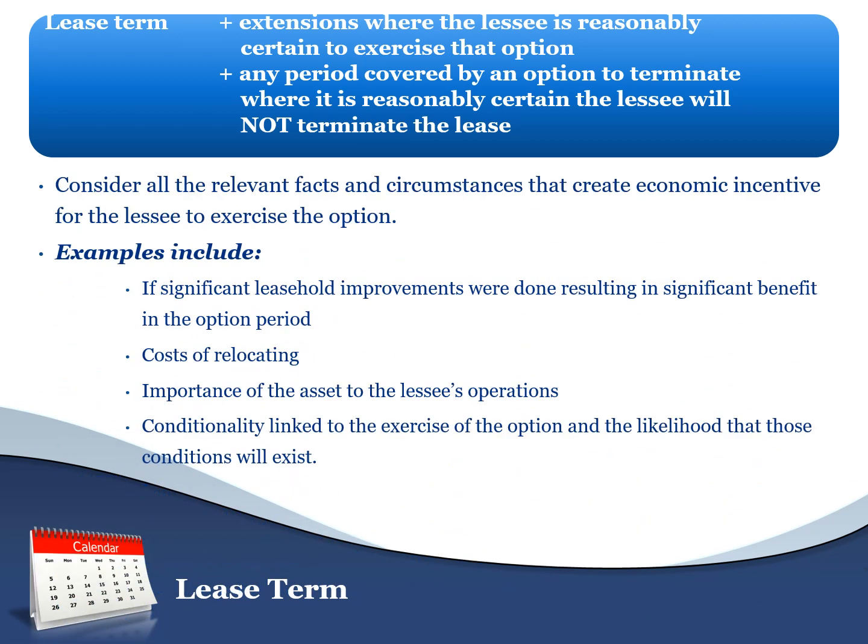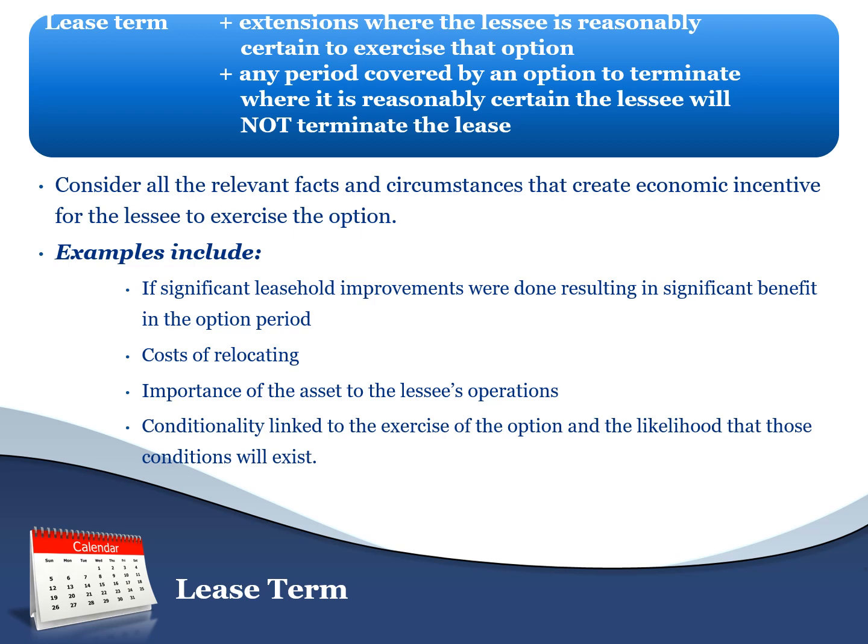The next two then talk to, well, what if there are options to extend or cancel? And it talks about including in the lease term, firstly, any extensions where it's reasonably certain that these will be exercised. And secondly, any period covered by an option to terminate where it's reasonably certain that this will not be terminated. Now, these two things are in essence the same thing. It says you need to consider all the relevant facts and circumstances and the economic incentive around why a lessee would act in a certain way.